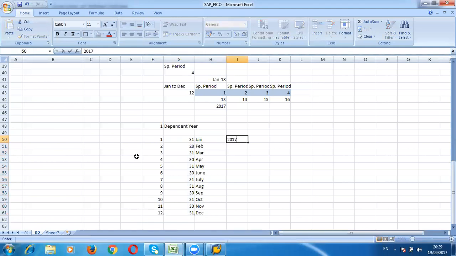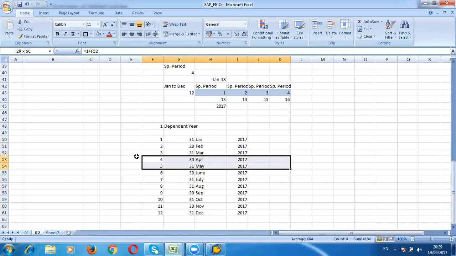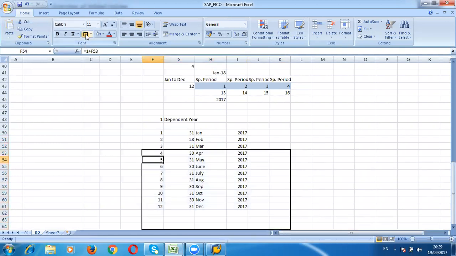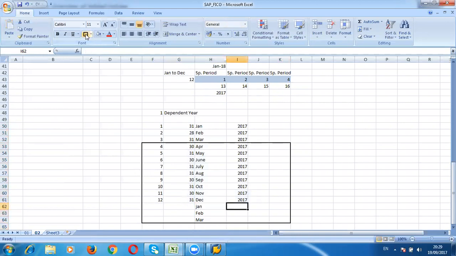Suppose this starts from 2017. But now my period starts from here, because I'm taking the example of 2017. So my period would be like this: Jan, Feb, and March of 2018.